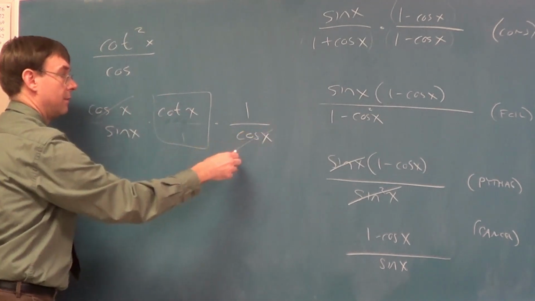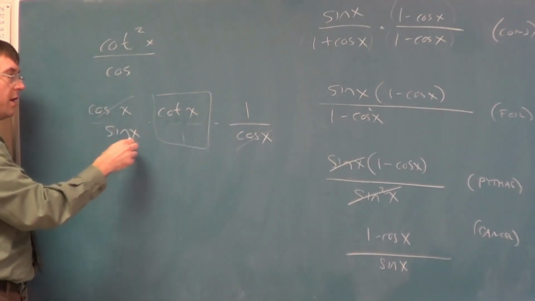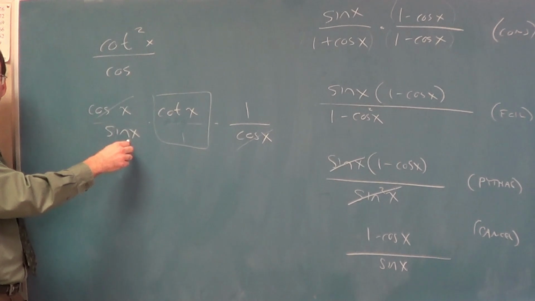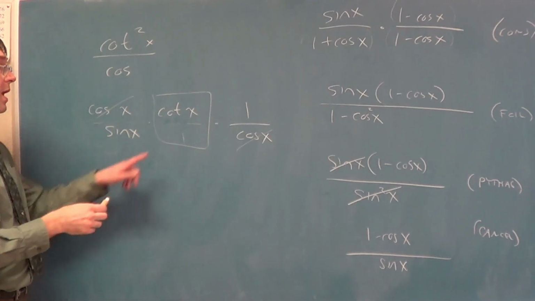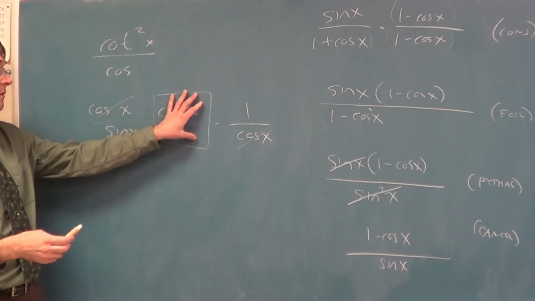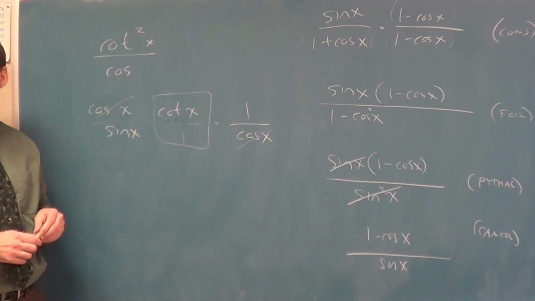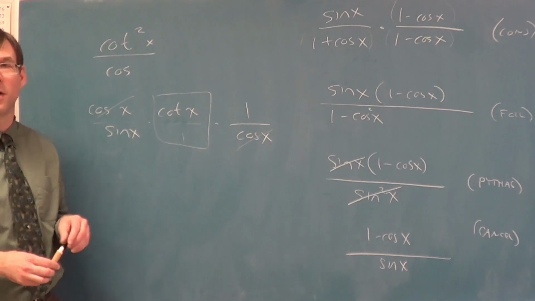Cancel cosine. What's 1 over sine? Cosecant. And you wanted to have a cotan, which was our half victory, and we want a cosecant, and then that would be total victory. Did you follow that? Yeah. You got pretty far into that. That's good.